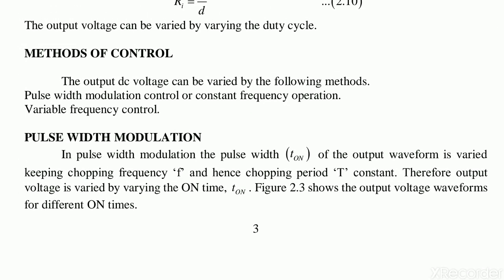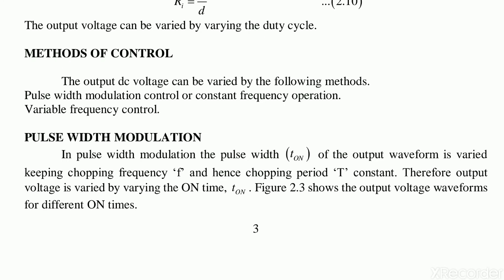So one can see in the description the output DC voltage can be varied by the following methods. The first method is pulse width modulation control, also called constant frequency operation, and the second method is variable frequency control. First, let us discuss pulse width modulation control.